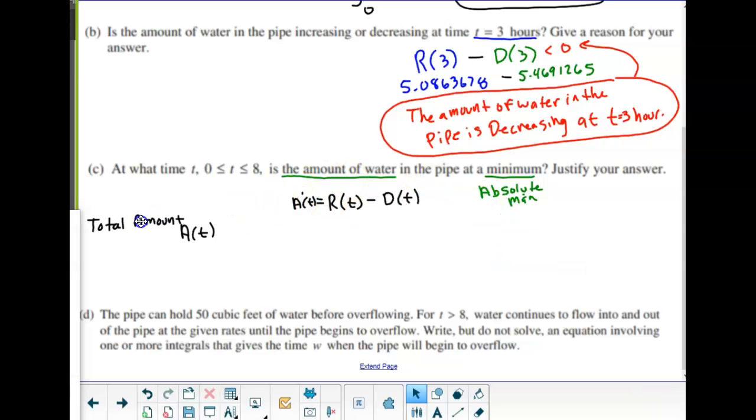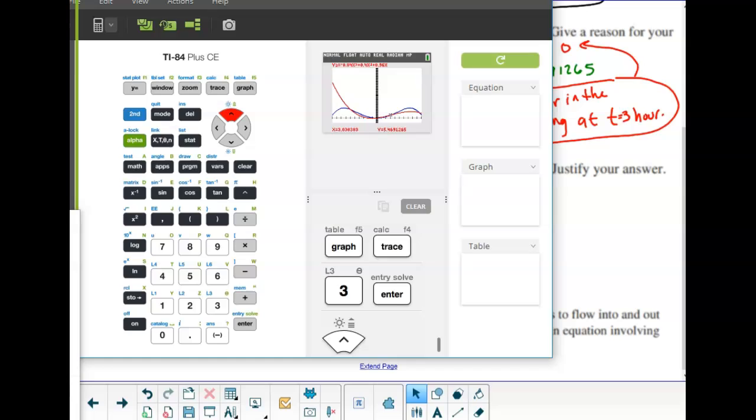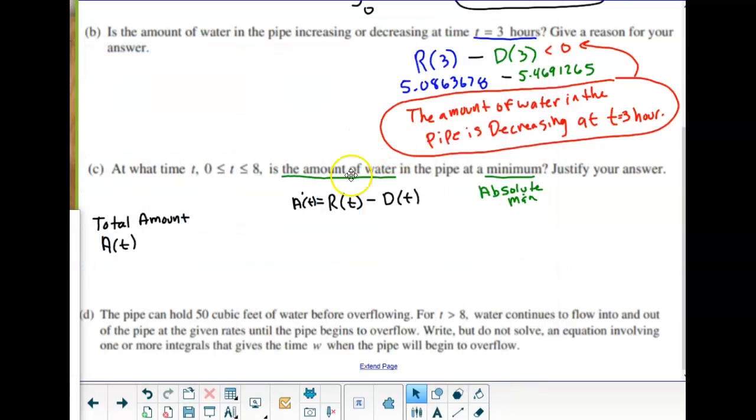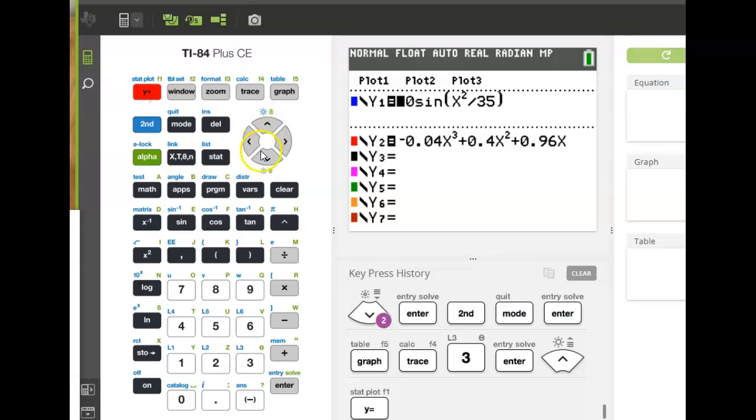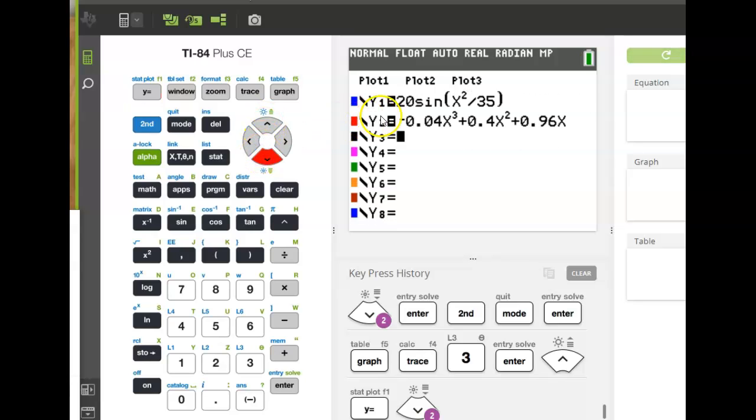If we wanted to do all the work, we would have to add up all possible times from 0 to 8 to find that total amount, but that would be tough. So what I want to do is graph the rates. I want to graph R of t minus d of t. So go to your y equals and go down to y3.